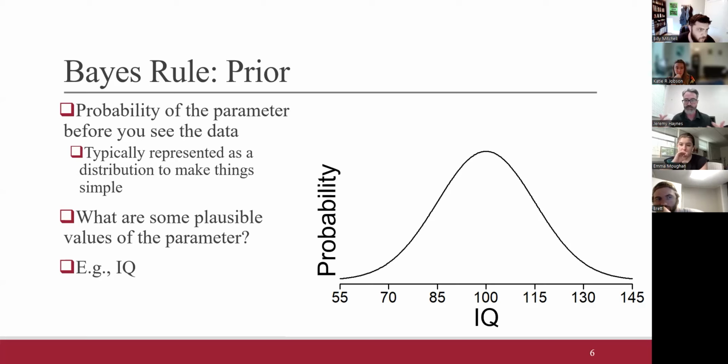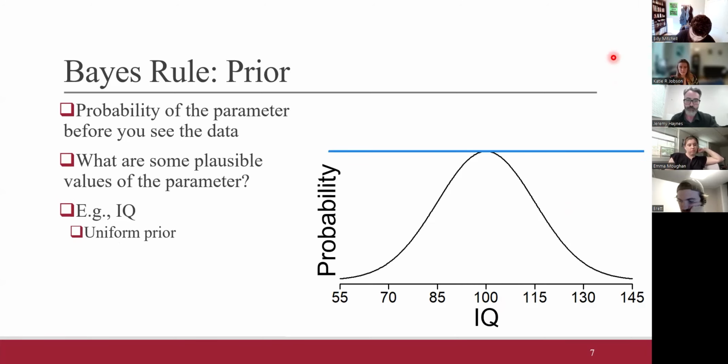And so here I have the example of IQ scores. Now, we know based off of how IQ scores work, they follow a normal distribution with a mean of 100 and a standard deviation of 15. Now, we could use a uniform prior, and this is basically what we do in the frequentist framework. Let's say we're estimating the mean IQ of a sample.